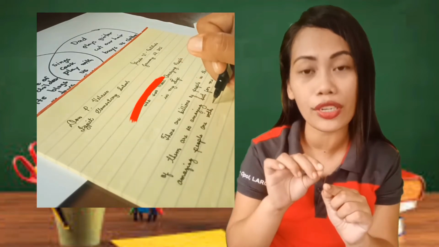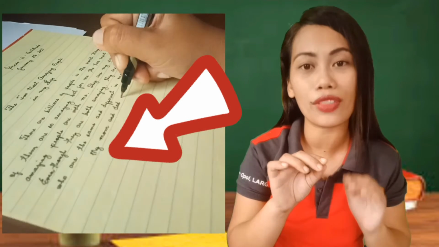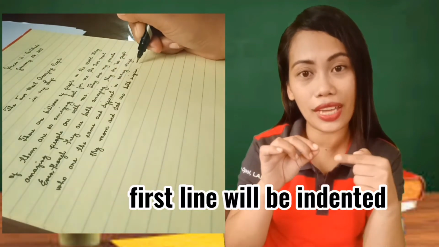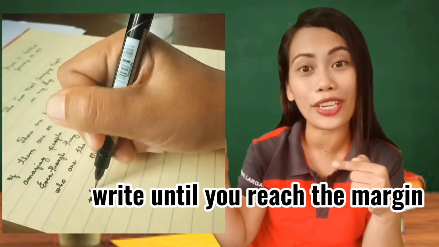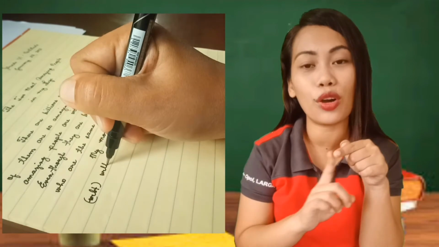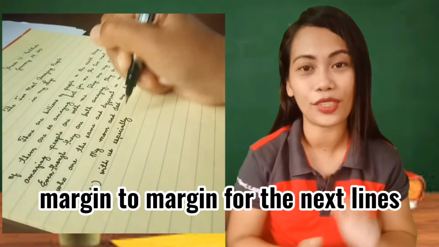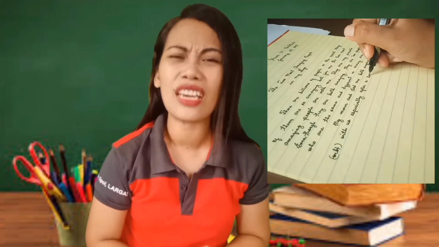For the first word of your first paragraph. And it will also follow on the next paragraph. So, the first line will be indented, tapos magsusulat ka hanggang sa dulo, dun sa margin mo, tapos you go on the margin on the second line. Yun yung indentation.